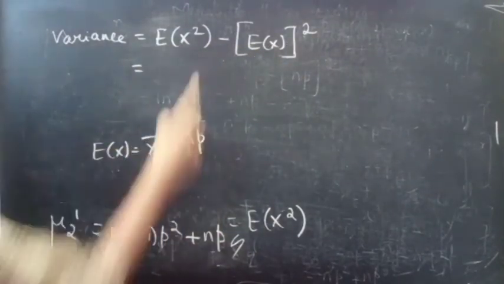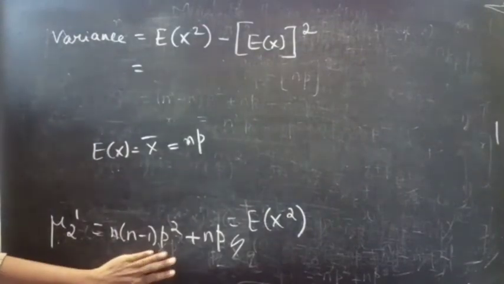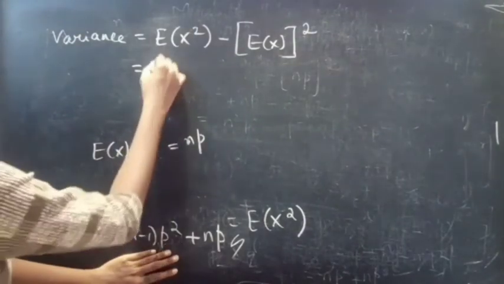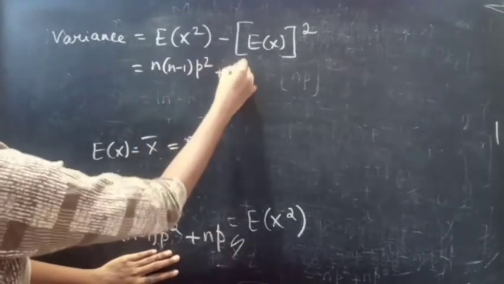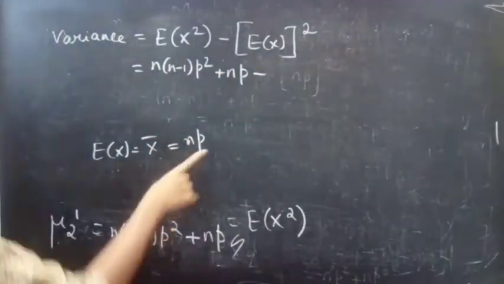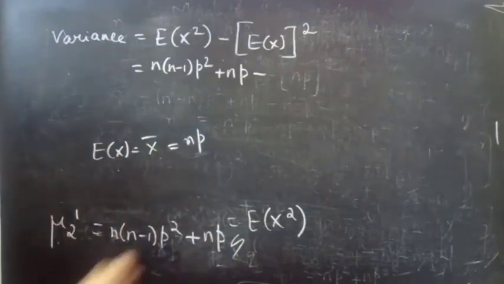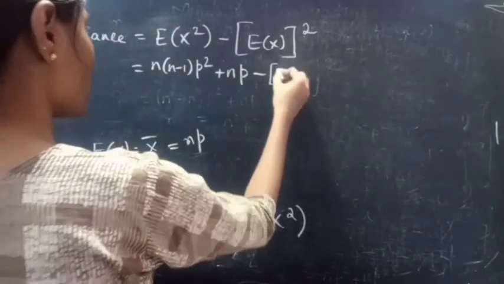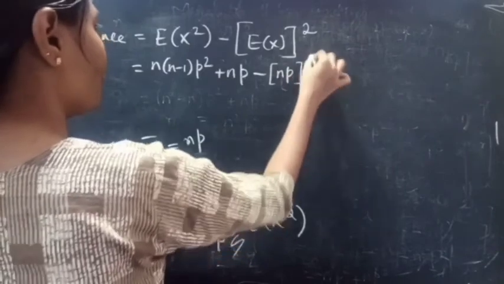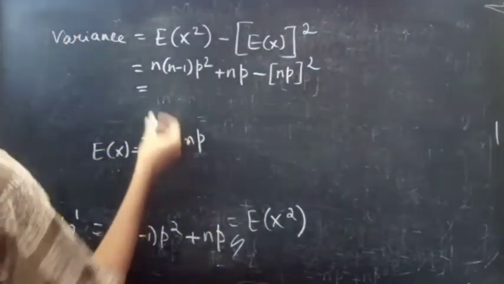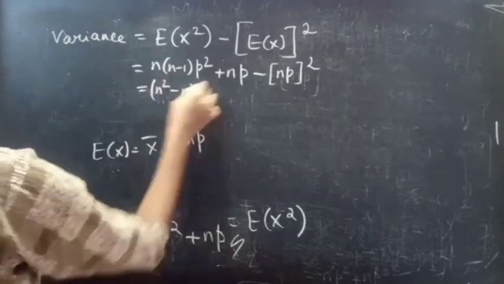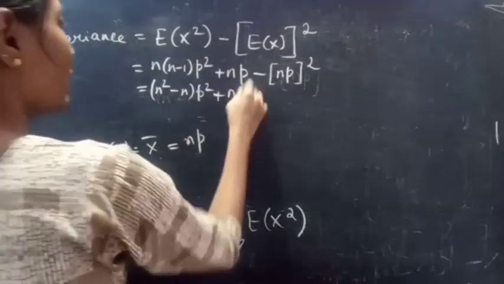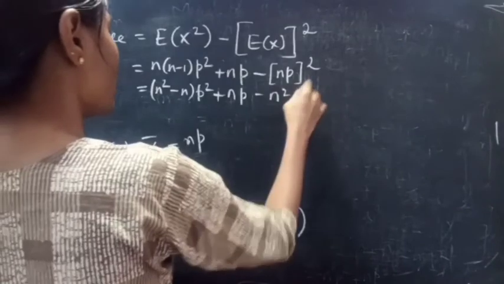Since we have expectation of x square from our second moment as n into n minus 1 into p square plus np, minus expectation of x, which is the mean of the binomial distribution, you can replace expectation of x by np. So n into n minus 1 is n square minus n, into p square plus np minus n square p square.